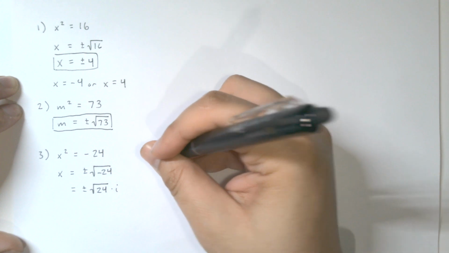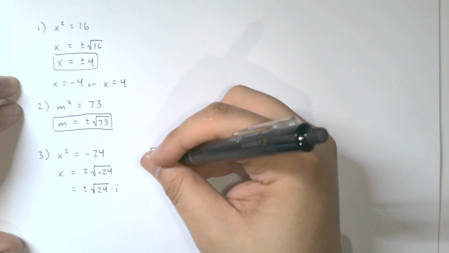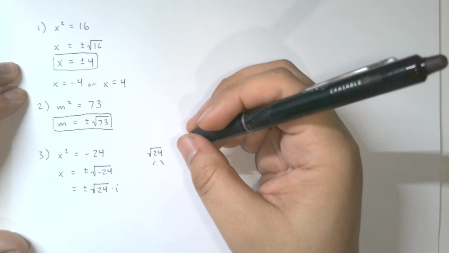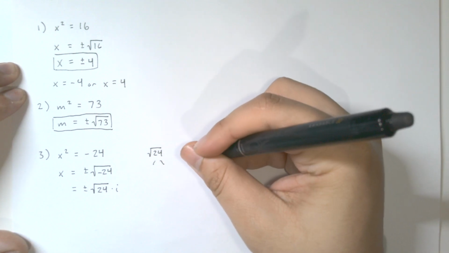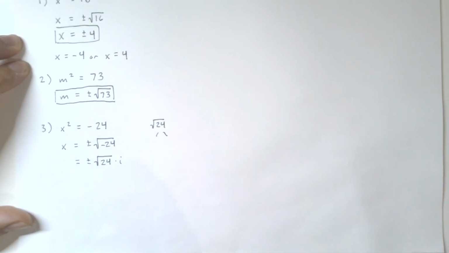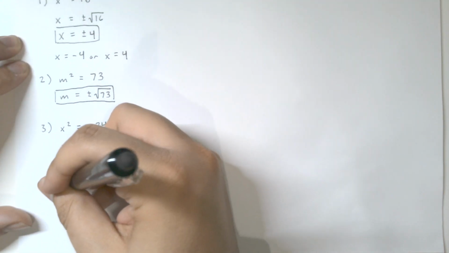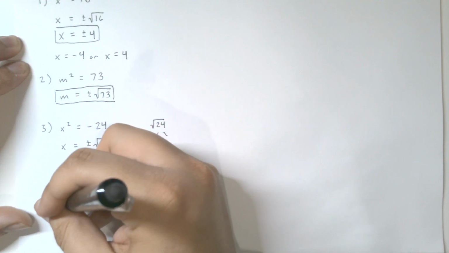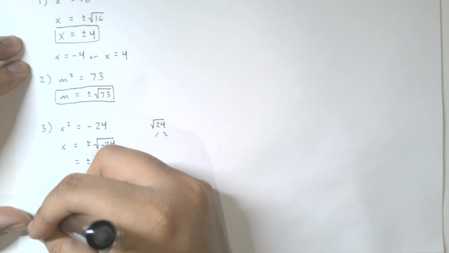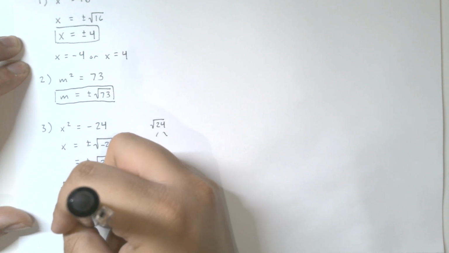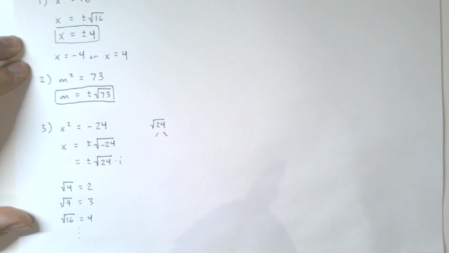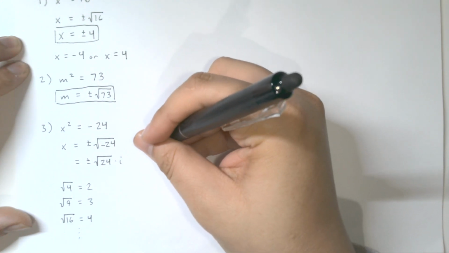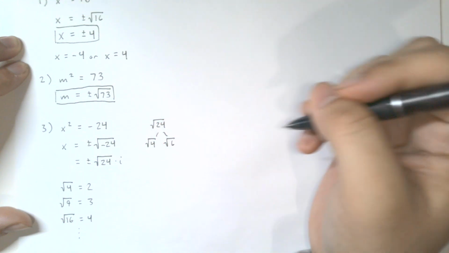If we look at the square root of 24 and we make a factor tree with this, dividing by the biggest perfect square we can think of. Remember, perfect squares are things like the square root of 4 is equal to 2, the square root of 9 is equal to 3, the square root of 16 is equal to 4, and so on and so forth. We can break up the square root of 24 into the square root of 4 times the square root of 6.